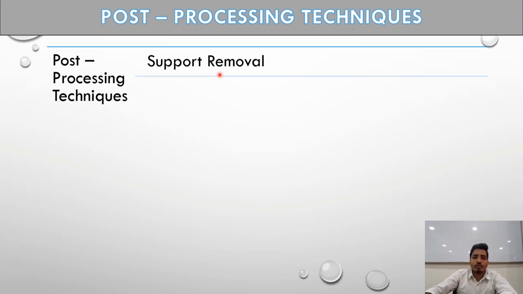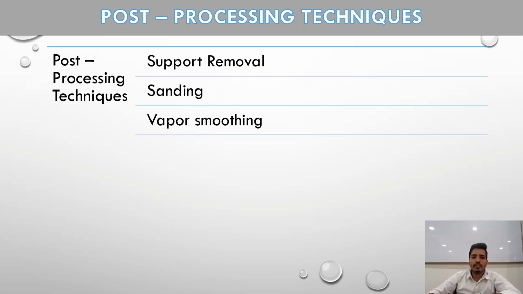Next, we will learn about the different post-processing techniques. After making the object, what do we have to do to make it look much better? We have some post-processing techniques. First is support removal. Obviously, if the object is printed, you have to remove the supports. Then sanding, making it smooth. Vapor smoothing is another technique.